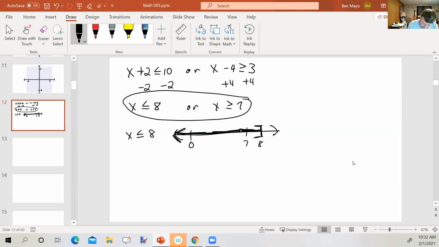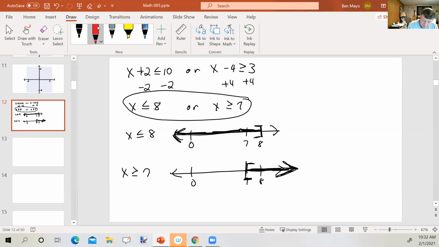Then graphing x greater than or equal to 7, we'll have a bracket at 7 and an arrow going to the right. It's important to notice that this is OR, which means what? Union.